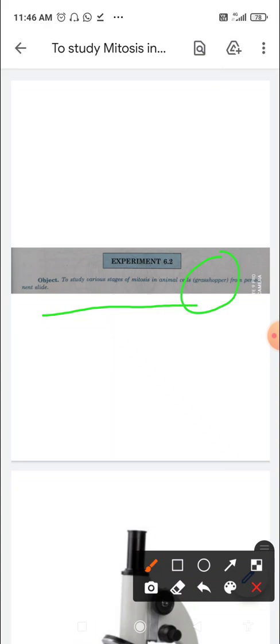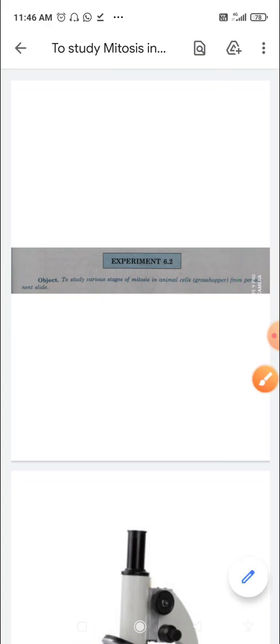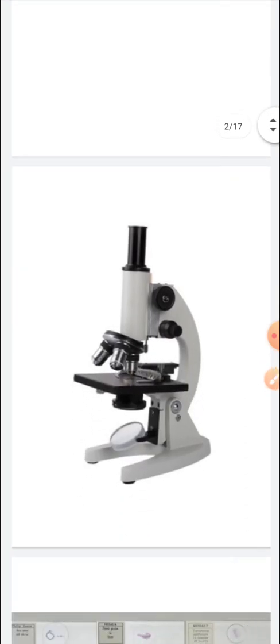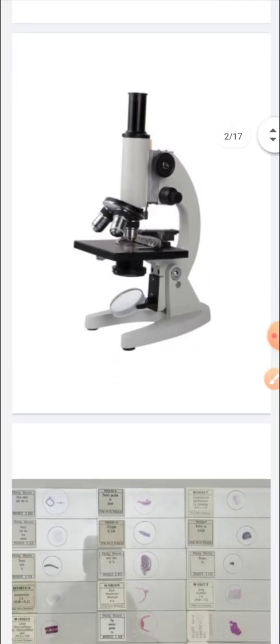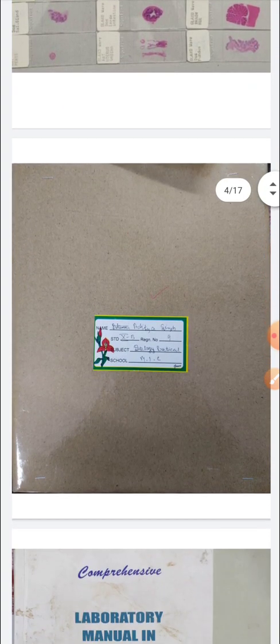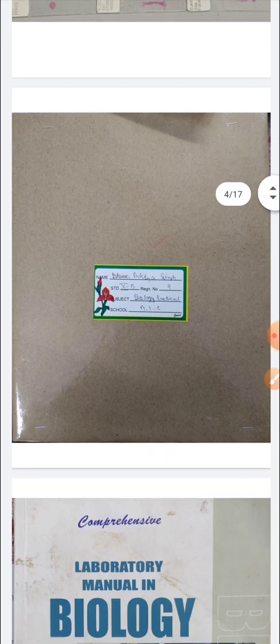Now, coming to the requirements for this particular practical work, we require a microscope to view the slides, right? So, these are the slides here. Then we require a practical notebook where you can copy down your work, right?